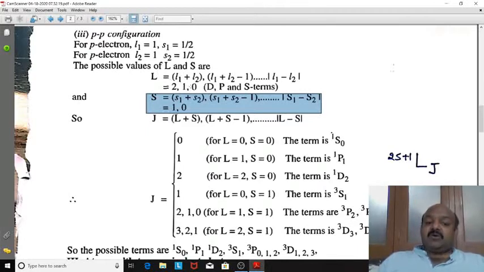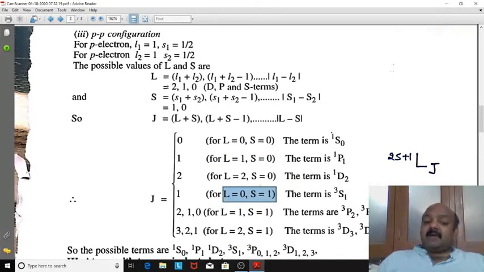L value 0, S value 0. L value 0, S value 1. And for the rest, we will have 6 combinations in all. For each combination we will calculate the J value. So let us calculate for the first term.